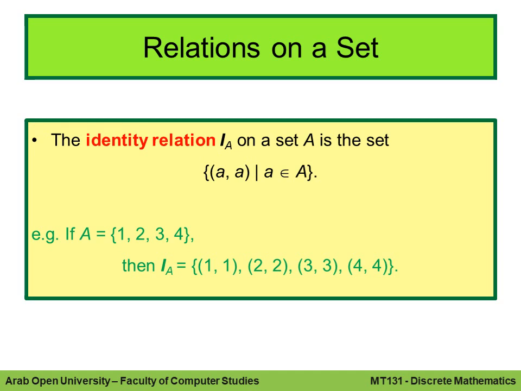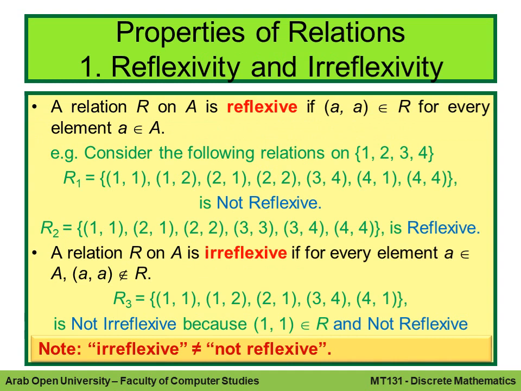This is one special relation. Here is an example where A contains the integers 1, 2, 3, and 4. Here is a list of all the ordered pairs in the identity: (1, 1), (2, 2), (3, 3), and (4, 4). Now we're ready to study some of the properties of relations.